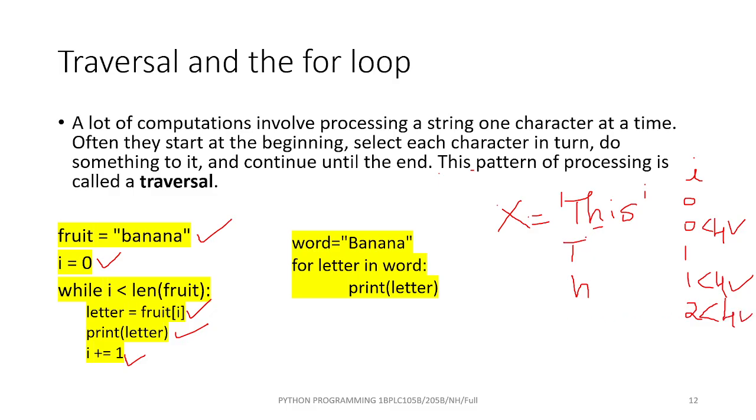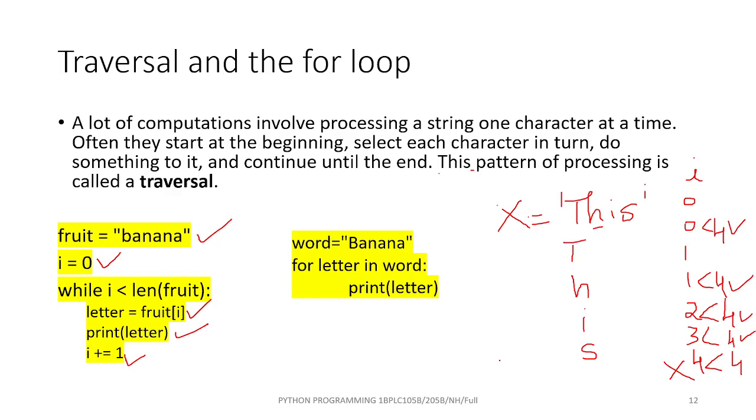So the next character is printed, next it becomes 3. Is it less than 4? Yes. So the character at index 3 is printed. Next I is incremented to 4. Is it less than 4? No. It will come out of the loop. So using a while loop, you can navigate each and every character.